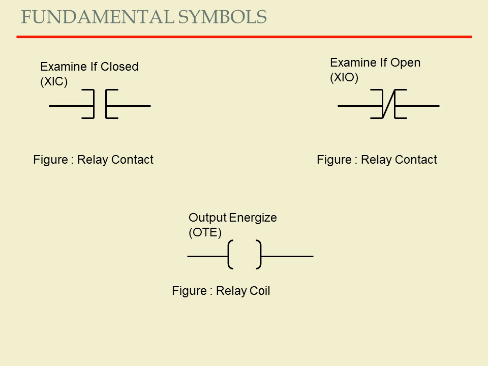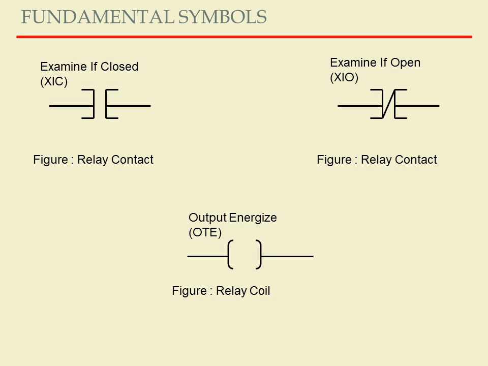So here are the symbols for XIC, XIO and OTE. The first one is the relay contact symbol, the normally open contact. It is used for the instruction examine if closed, XIC. So if the normally open contact is closed, then it will store true, that is value 1, otherwise it will store 0.